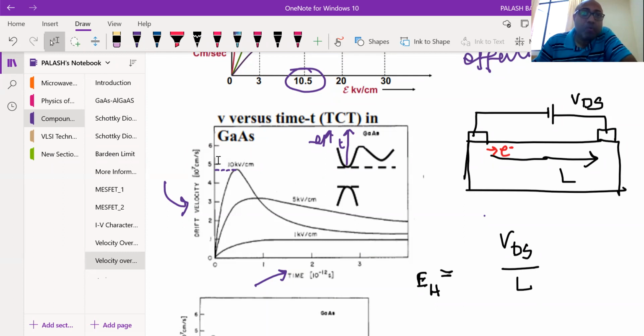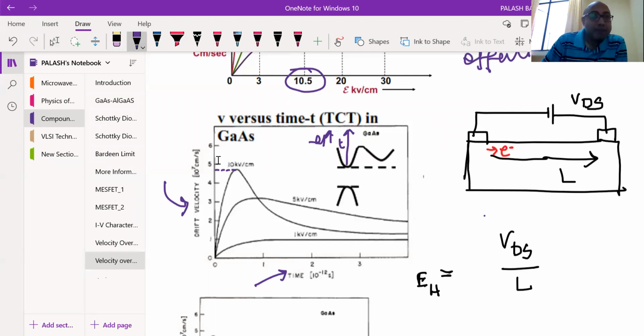So it is 4.8 at 10 kilovolt per centimeter. If you give 10.5 kilovolt, you would reach 5 into 10 to the power 7 centimeter per second. So you have a higher velocity. Higher velocity means higher current. Higher current means what?